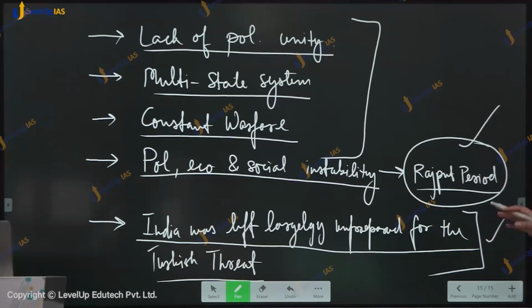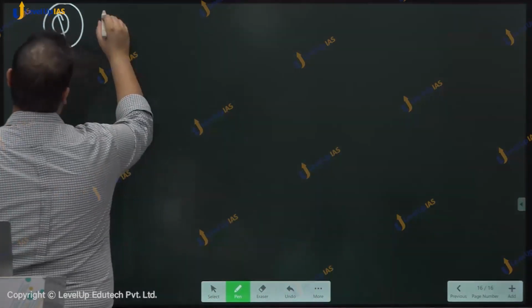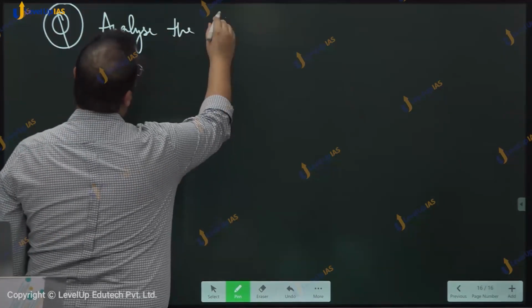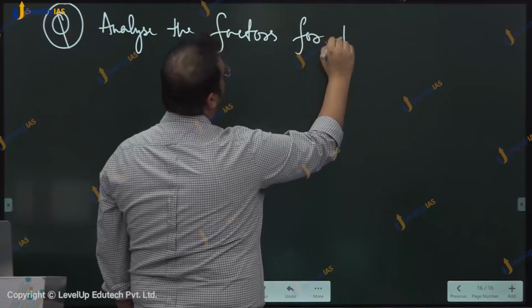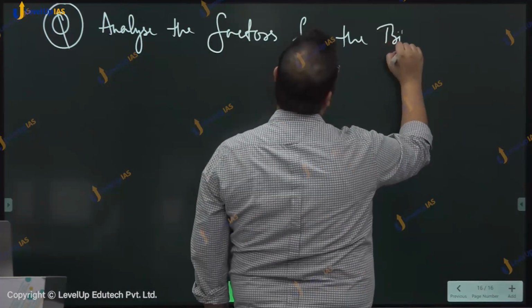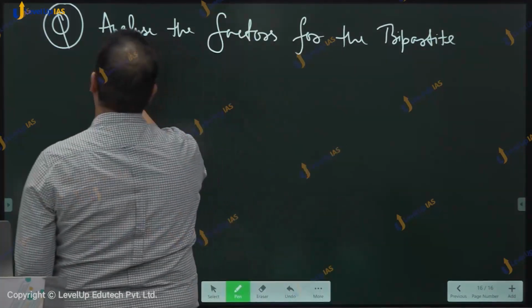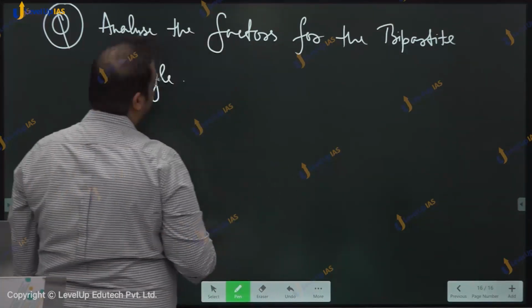Here, now take down a question. Analyze the factors for the tripartite struggle. Full stop.